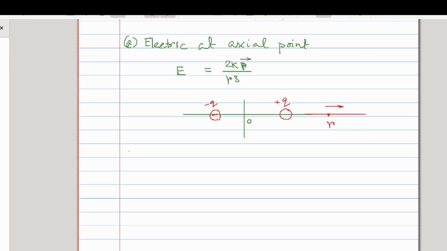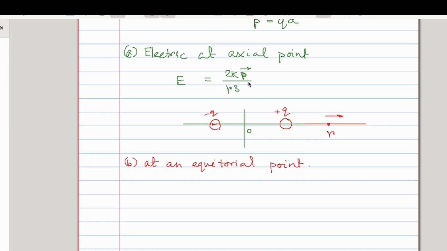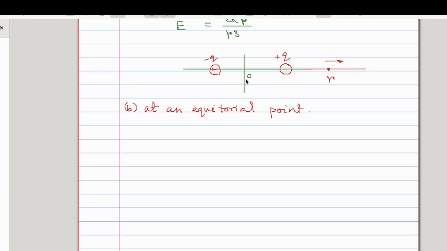At equatorial point, where p is the dipole moment.